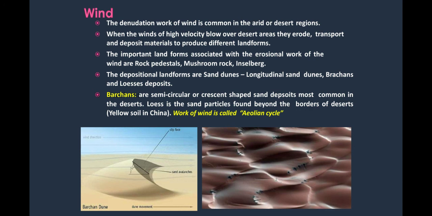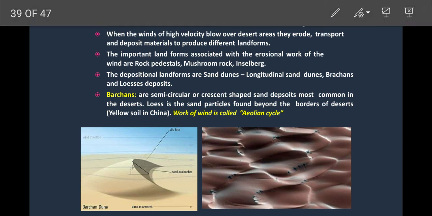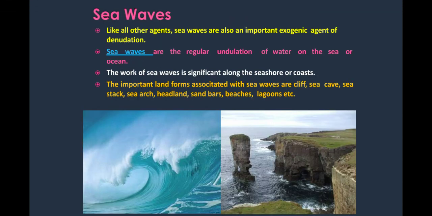Next we go to sea waves. Like all other agents, sea waves are also an important exogenic agent of denudation. Sea waves are the regular undulation of water on the sea or ocean.